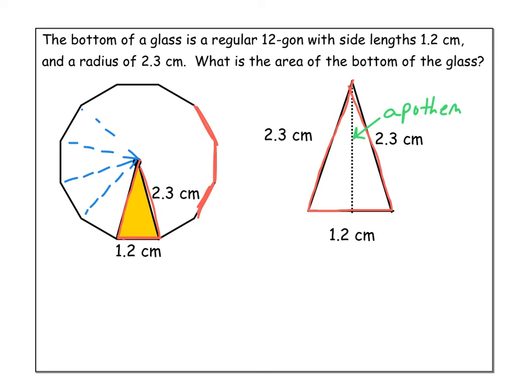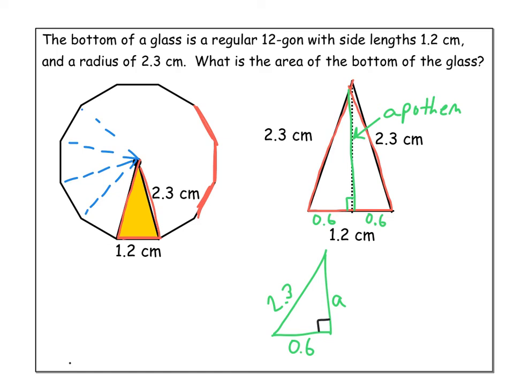We need to figure out what that is so we can find the area of the triangle and then multiply by 12. If the whole base is 1.2, each half is 0.6. Let me draw this even smaller piece. We have 0.6, we have 2.3, and this dotted line is the apothem, which I'll call A. We do have a right angle, that's important, so we can use the Pythagorean theorem.